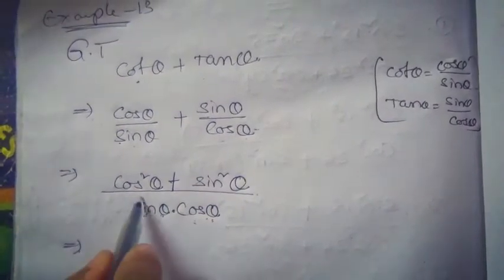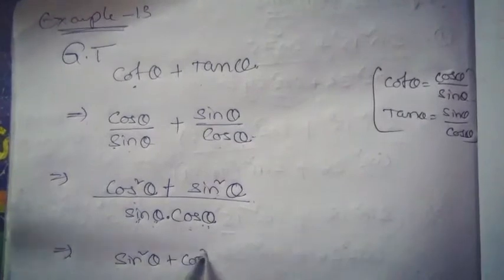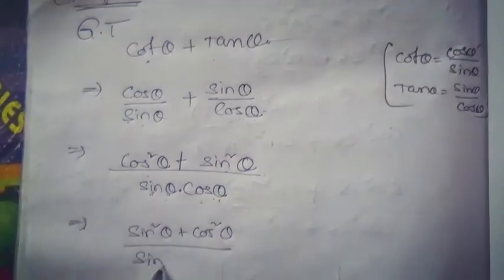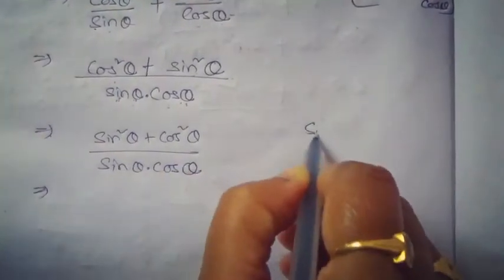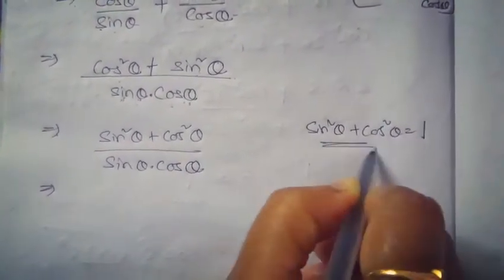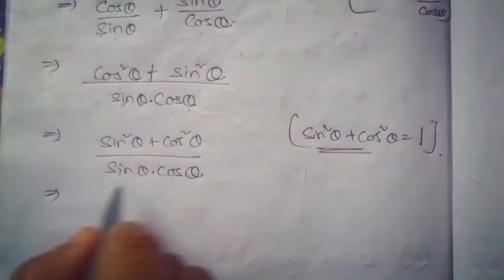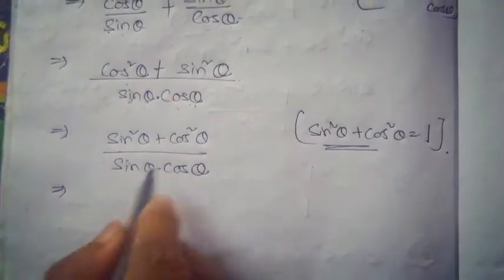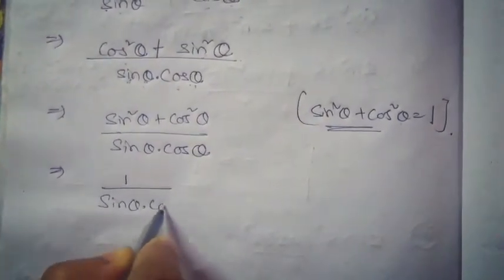So it is in the form of sin square theta plus cos square theta by sin theta into cos theta. We know that sin square theta plus cos square theta is equal to 1. It is an identity. You just write the formulas you are using in the sum. So 1 by sin theta into cos theta.